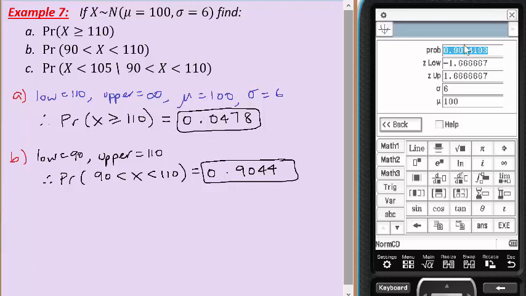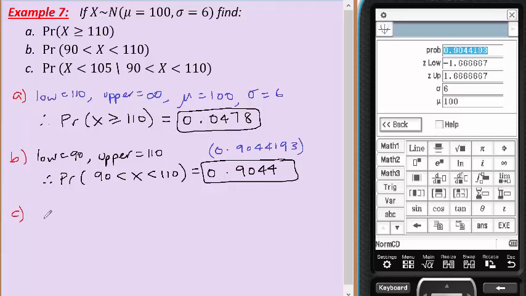That would require us to know this number, and I'd recommend that we write this answer to as many decimal places as we can, because when we start using it to divide and do all sorts of stuff, we can lose our accuracy. And if we're asked for 4 decimal places, then we can end up in a little bit of trouble. So I'm just going to note down 0.9044193.